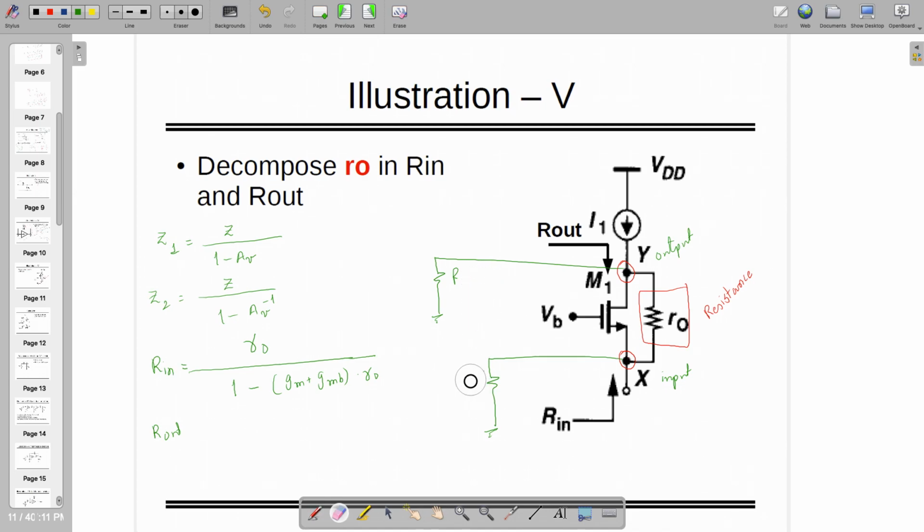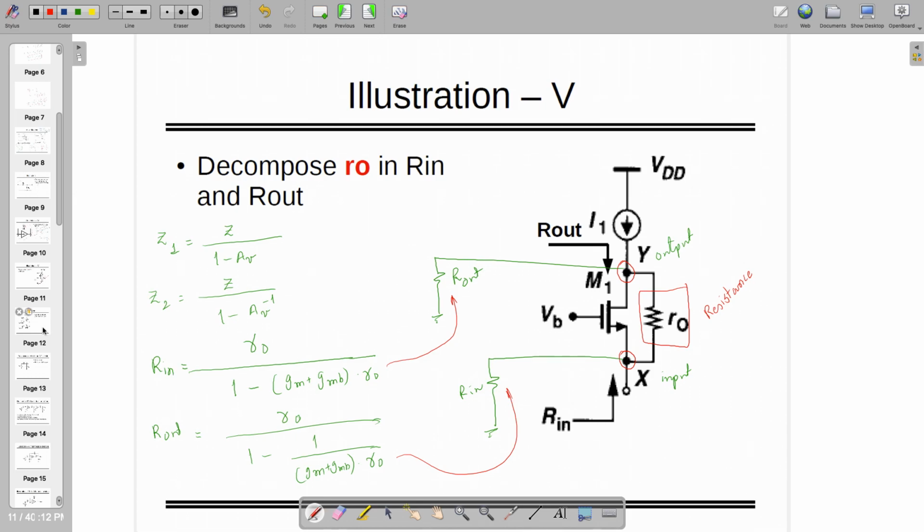This has to be R out, and this has to be R in. So R out becomes RO divided by 1 minus 1 by (gm plus gmb) times RO. So this way we can find out R in and R out, and you can plug it over here to make this the pi model.